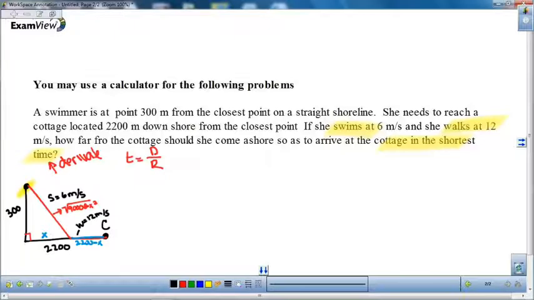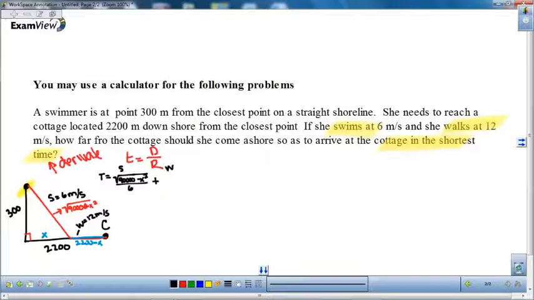Okay, so my equation is going to look like this. Where she swims, her distance is the square root of 90,000 minus x squared, and her rate that she swims is 6.